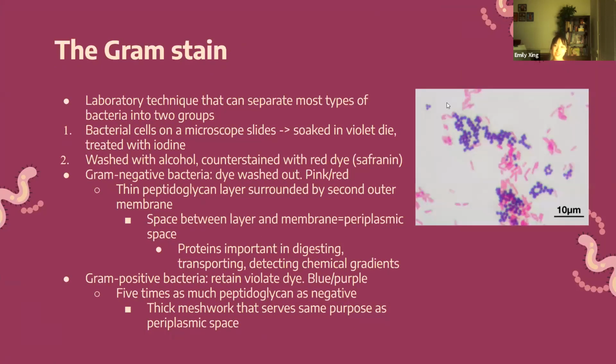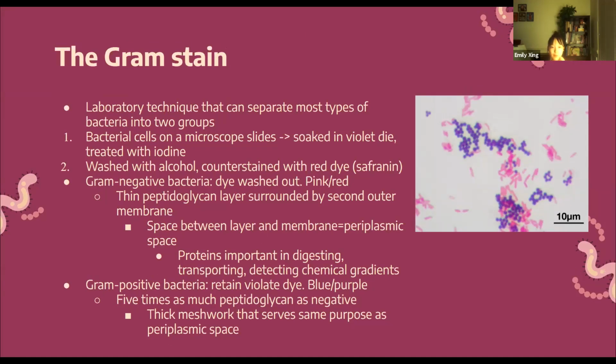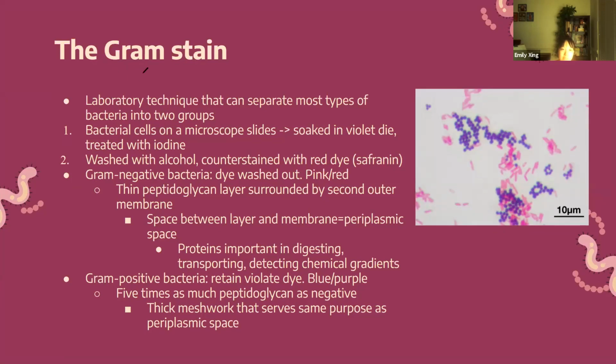Okay, so moving on to more bacteria stuff that has less to do with reproduction and more with morphology. So we have something called the Gram stain, which is a laboratory technique developed by someone named Gram.